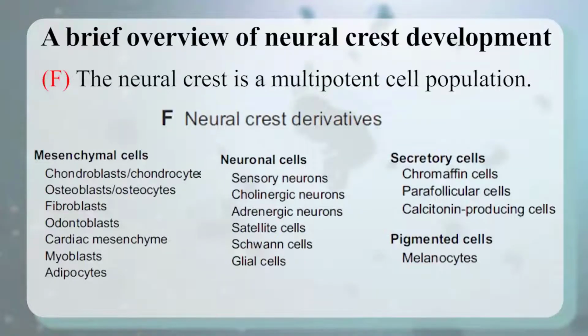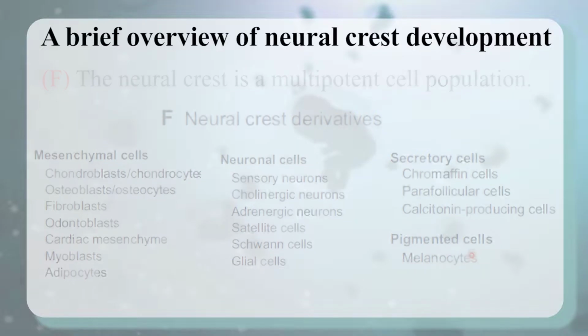Figure F, the neural crest is a multipotent cell population. This sentence means neural crest cells can give rise to mesenchymal cells, neuronal cells, secretory cells, and pigmented cells.